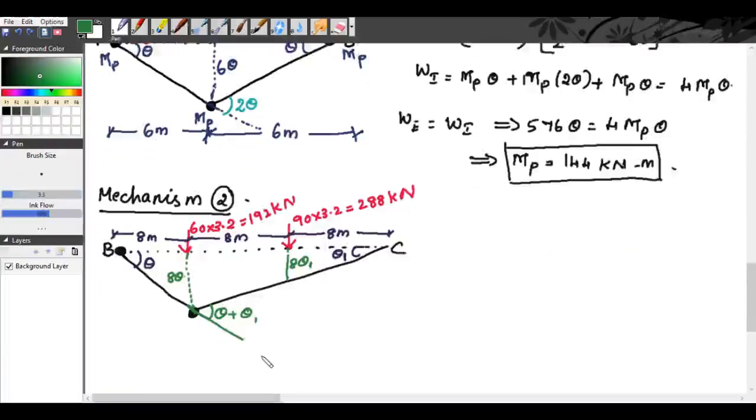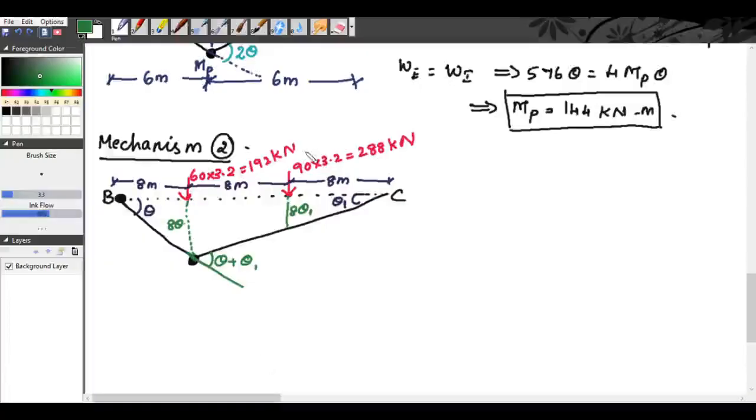So now we will find the relationship between theta and theta 1. So this is B, C, D, E. We will take this as G. Okay, so we will take triangles CDG and triangle CEH.